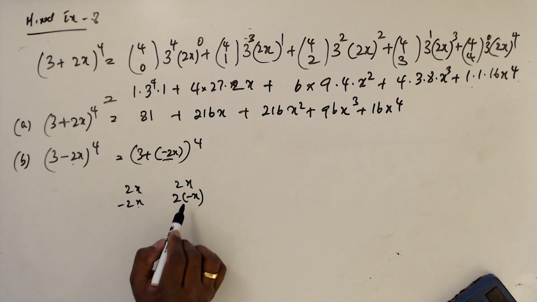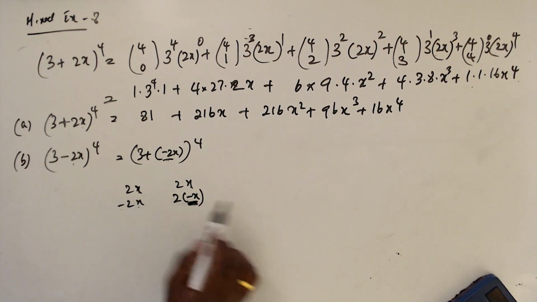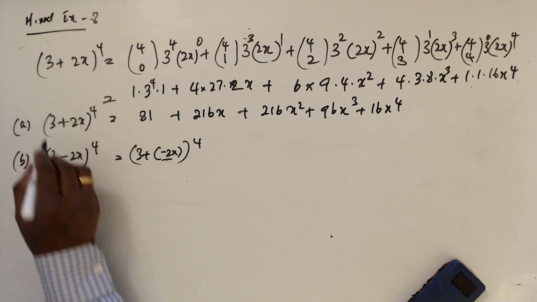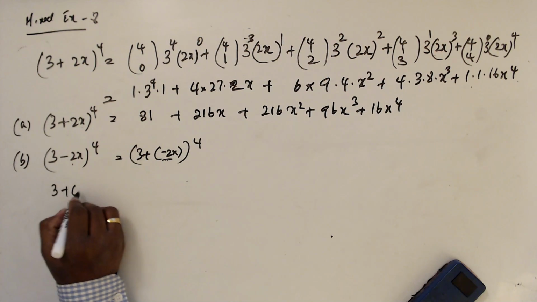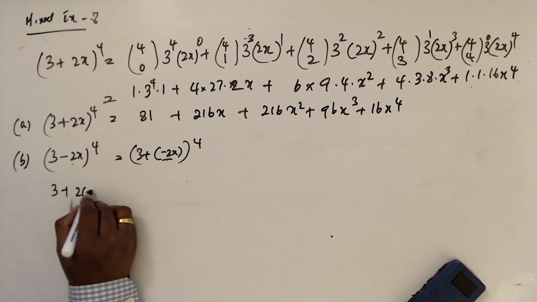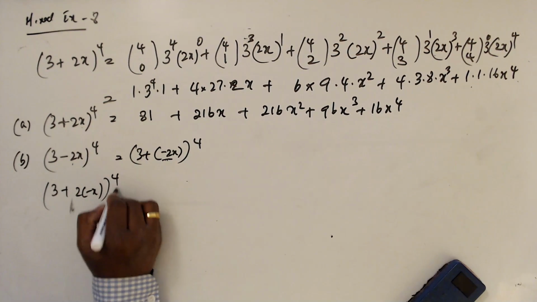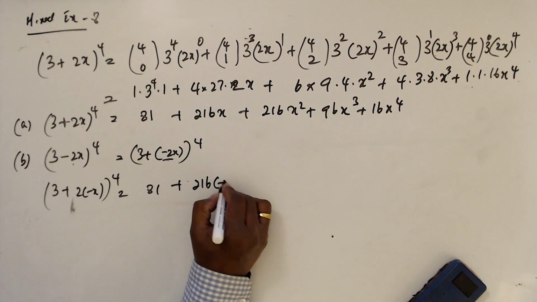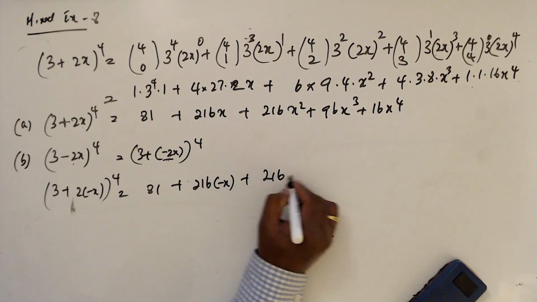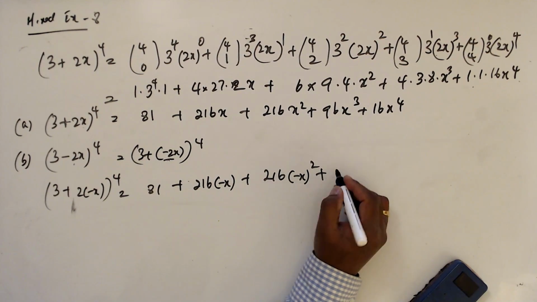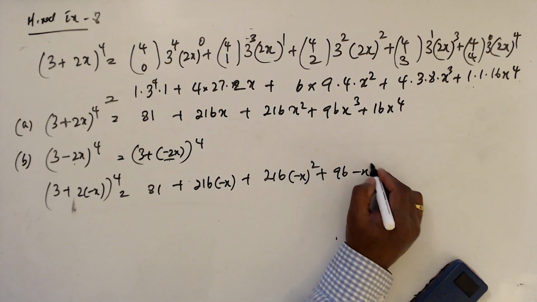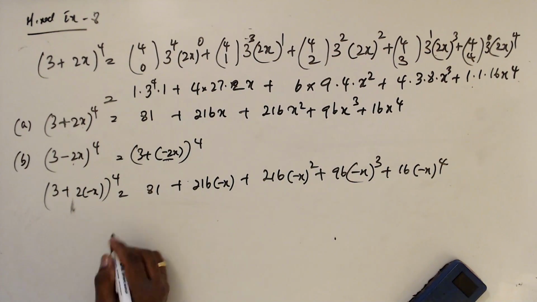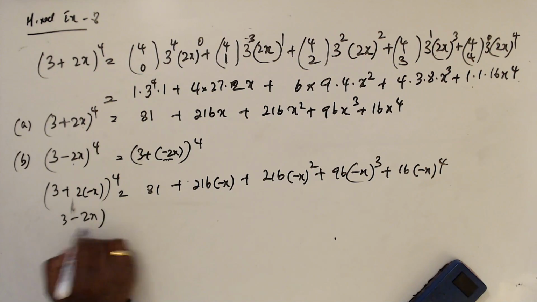Instead of x, we put minus x. So 3 plus 2 times minus x to the power 4 equals 81 plus 216 times minus x plus 216 times minus x squared plus 96 times minus x cubed plus 16 times minus x to the power 4. Now this is 3 minus 2x to the power 4.